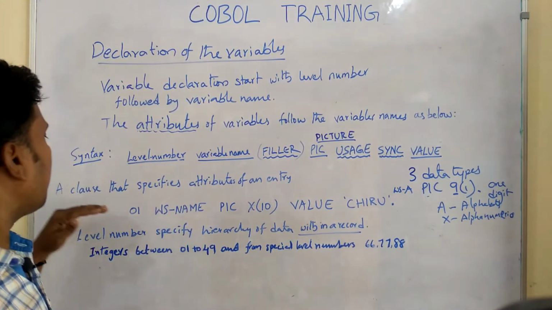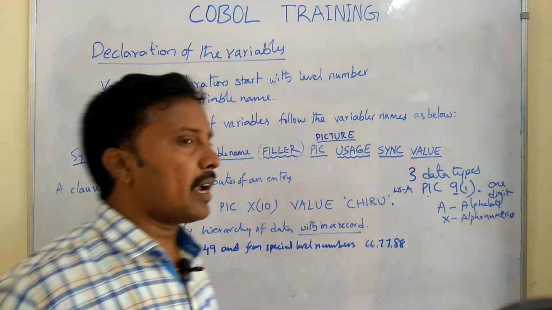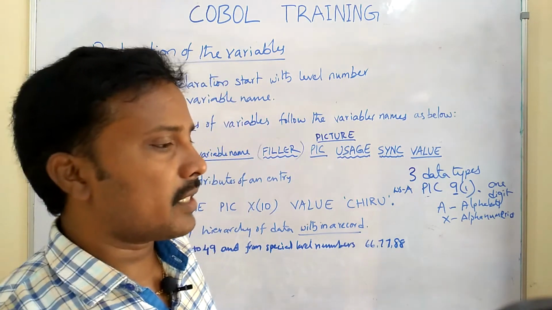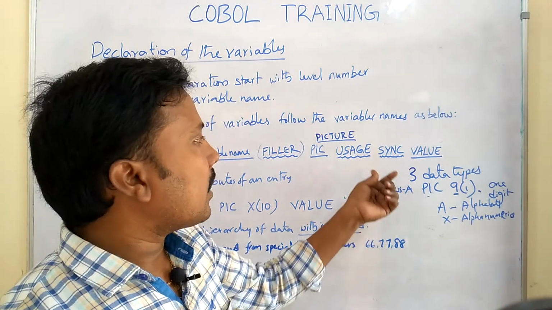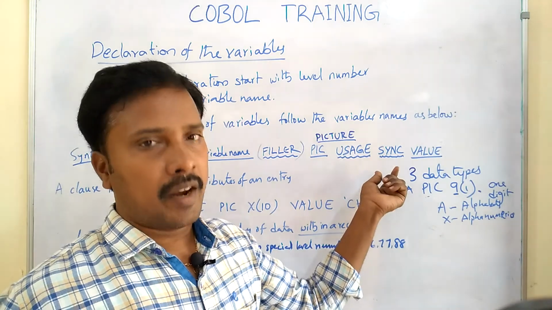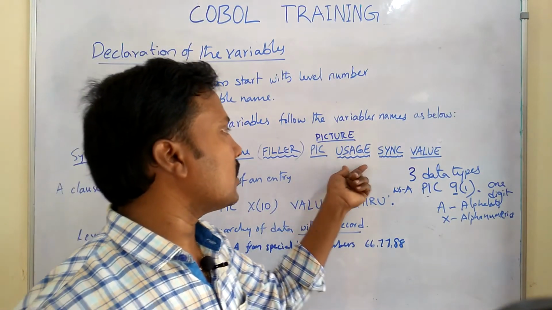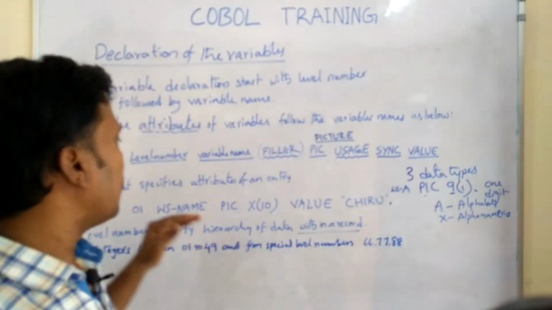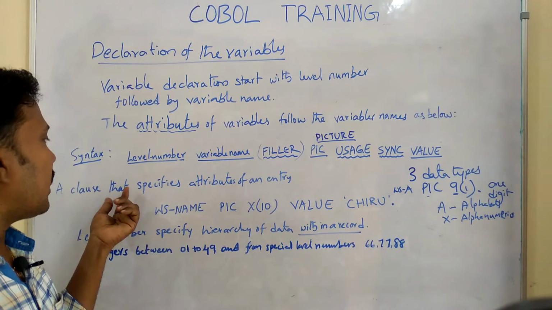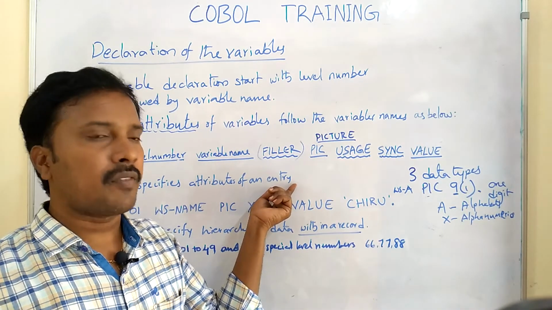Before that I wanted to mention the clauses. I already told you a statement contains words and clauses. A clause specifies an attribute of an entry. Here we have clauses like the picture clause, usage clause, sync clause, value clause. I will give a brief description of these.